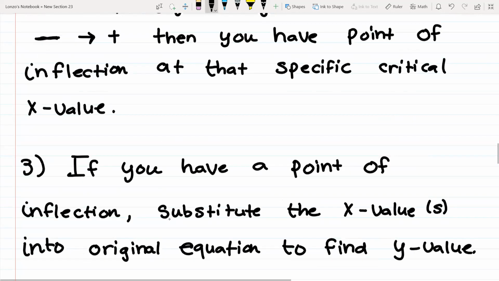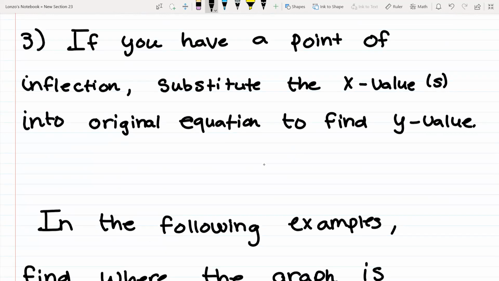And step 3, if you have a point of inflection, sometimes you don't, sometimes you will, substitute the x values back into the original equation to find the y value, because a point of inflection is a coordinate. That's why you always put it back into the original one.